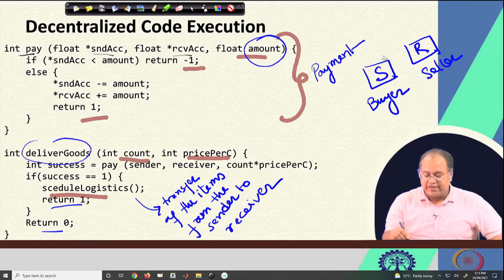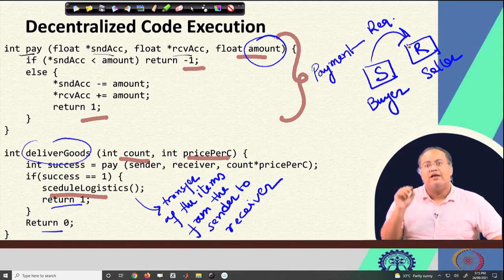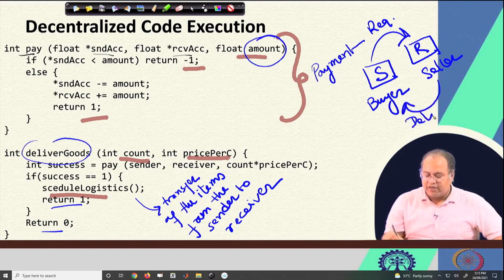The buyer puts up the requirement, and then it checks whether there is sufficient money. If there is, it makes a payment for that money, and after the payment is successful, it initiates the delivery of the goods from the seller to the buyer.